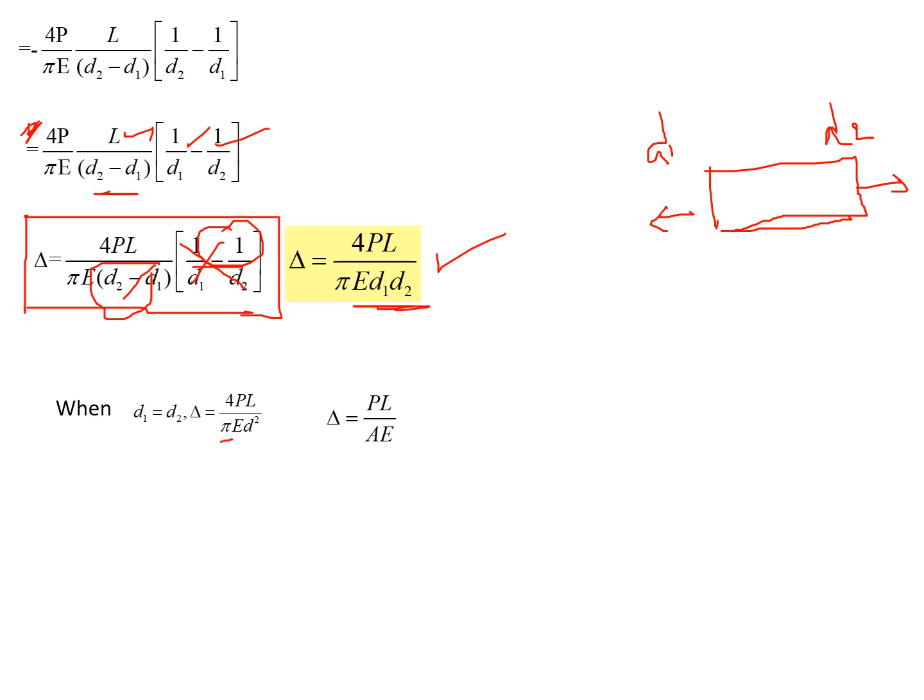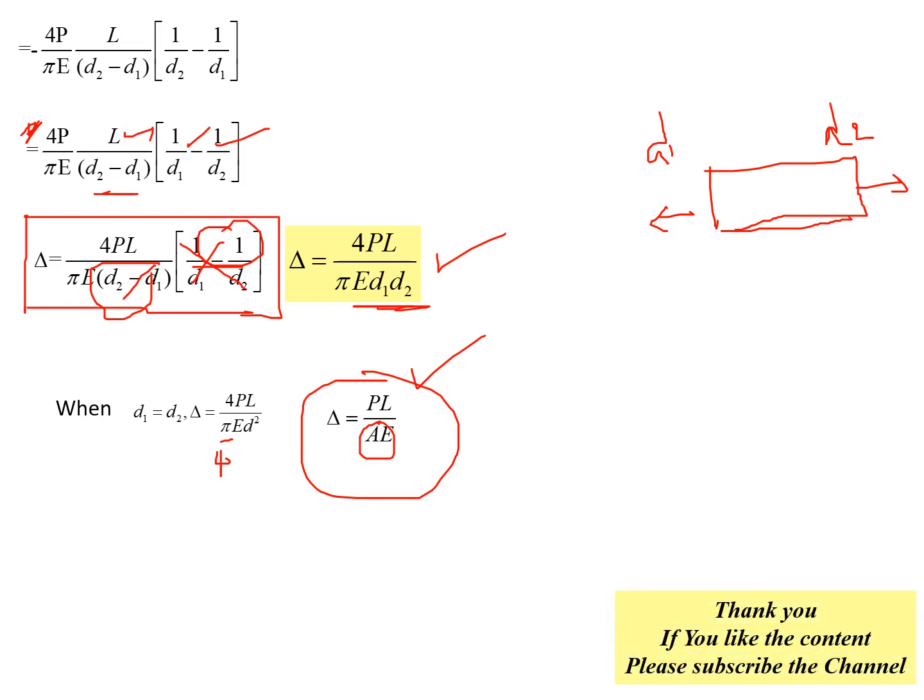Pi d square by 4 is nothing but the area of the circular bar. So we know the deformation of the circular bar is PL by AE. So this is the solution of the deformation of the circular tapering bar.